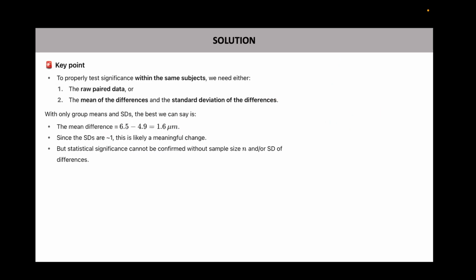To properly conduct any significance test within the same subjects, we either need the raw paired data, or the mean and standard deviation of the differences, which we don't have. What we have is only group means and standard deviations. So the best we can do is calculate the mean difference: 6.5 minus 4.9 gives 1.6 micrometer.